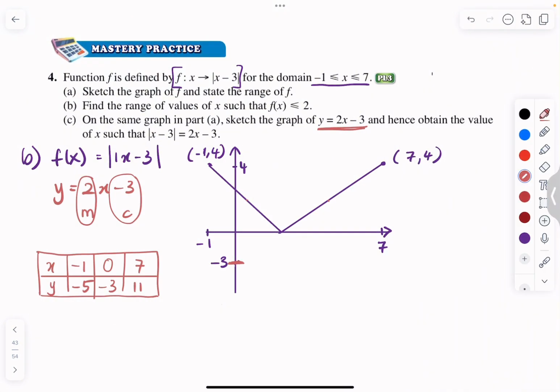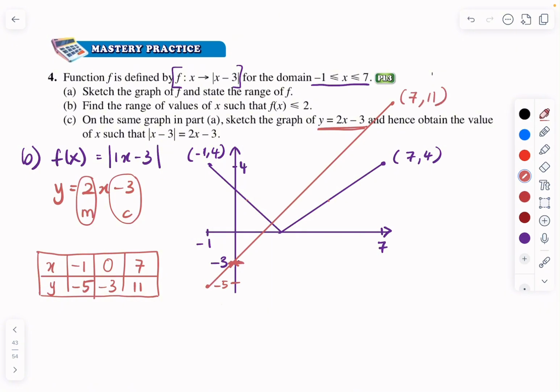So negative 1, negative 5 will be somewhere here. 0, negative 3, it cuts here. And 7, 11 will be somewhere here. So this is our graph.